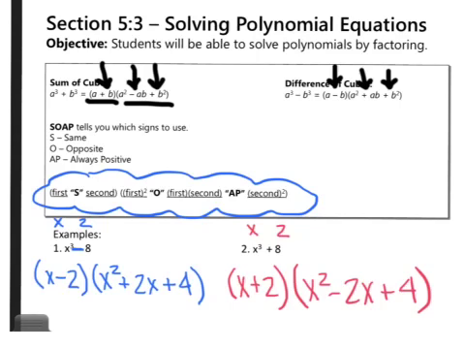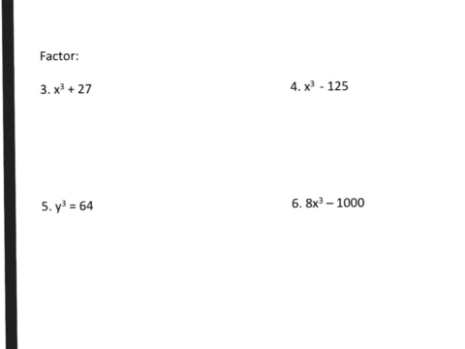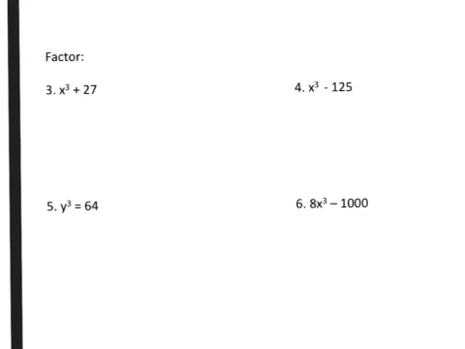Let's try some other examples. So we have x cubed plus 27. X cubed is a perfect cube, 27 is a perfect cube. Think about where those numbers came from. What's the cube root of x cubed? Just an x. What's the cube root of 27? Or think in your mind, what number cubed is 27? 3. So you take your first number, same sign, and your second number.